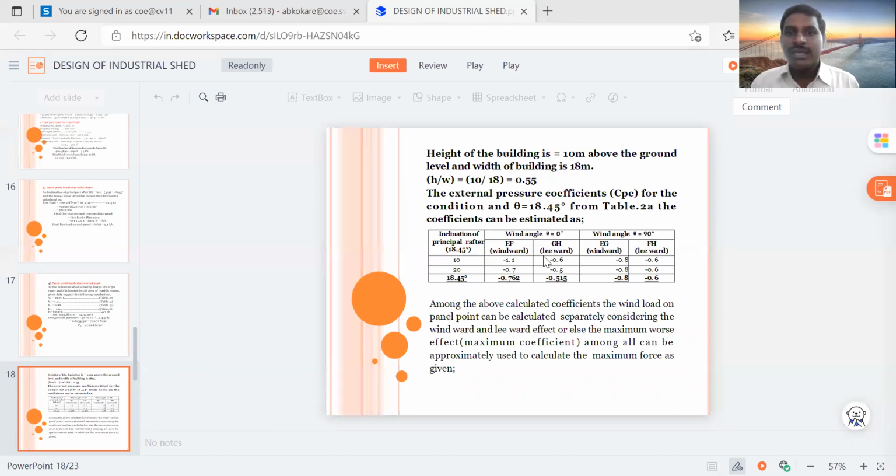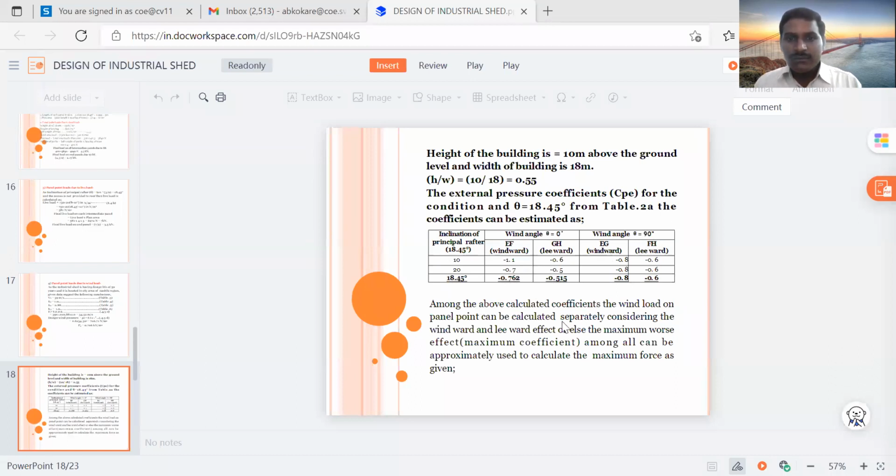When the wind is parallel to ridge, at that time we take the windward and leeward coefficients. When the wind is normal to ridge, we take the windward and leeward coefficients for 10 degree and 20 degree, and our slope is 18.45 degrees. So by interpolation we have calculated this in bold. For 18.45, the coefficients in bold we have finalized by using table number 2A.